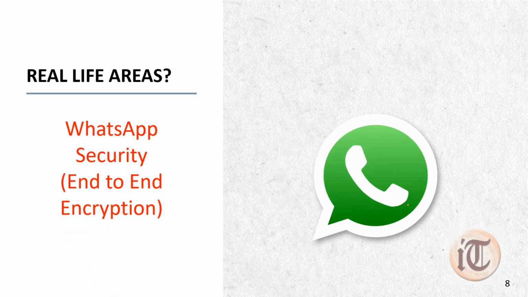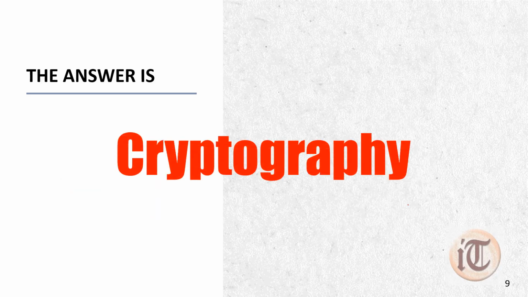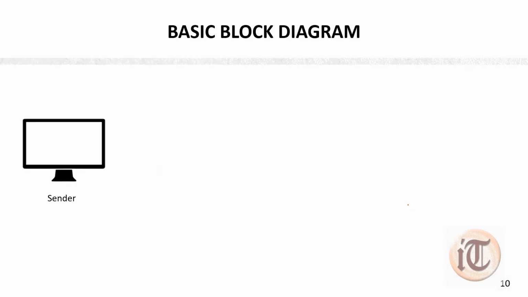About WhatsApp security, in which we have end-to-end encryption? The answer is cryptography. The science behind all these areas is cryptography, which means hidden writing and is mainly used to protect information.